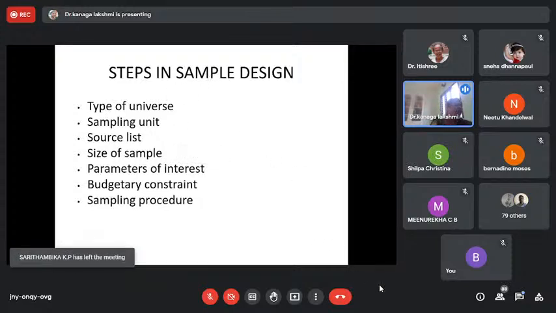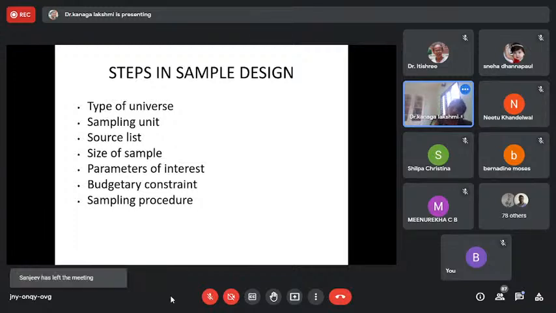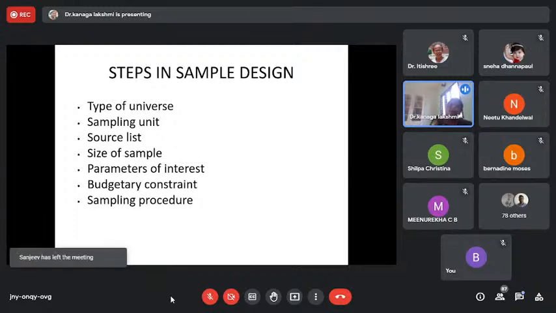In a finite universe, the number of items is certain. So you can tell that in a particular organization, 7,000 employees are working. You go to the HR department; now all organizations are using some software, isn't it? So you can ask how many employees are working, and they will easily give the numbers, isn't it?